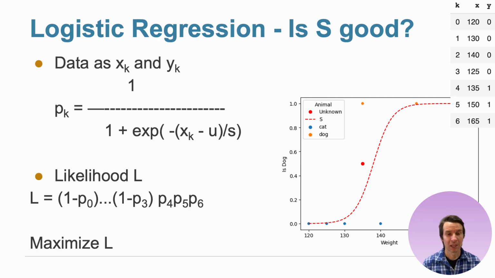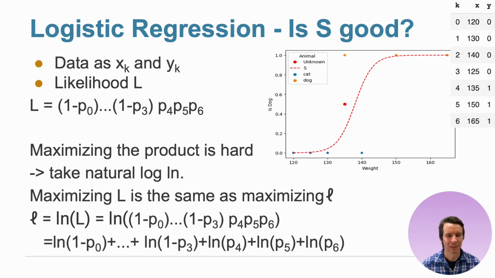So what we would like to do is find u and s such that L is maximized. The maximization of L is our goal, and u and s are two things that we can move around. U moves around the center, and S moves around how stretched out the S is. Okay. The problem is that maximizing a product is hard.